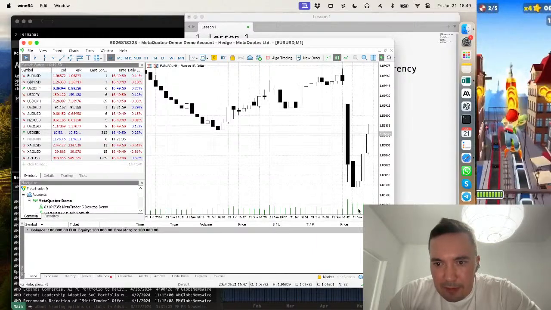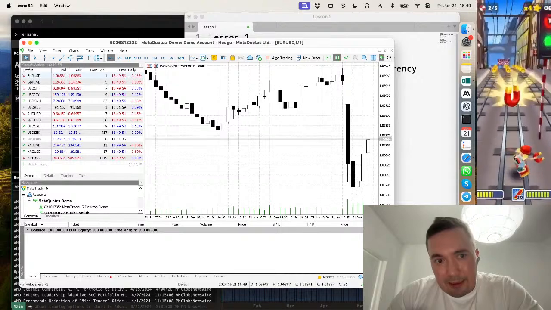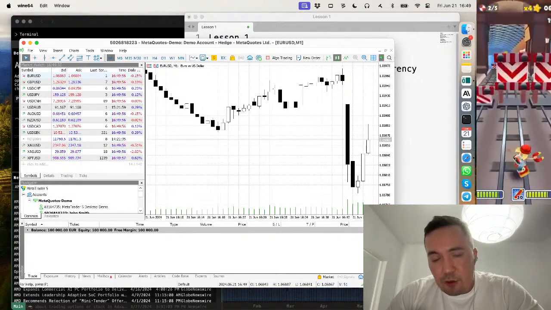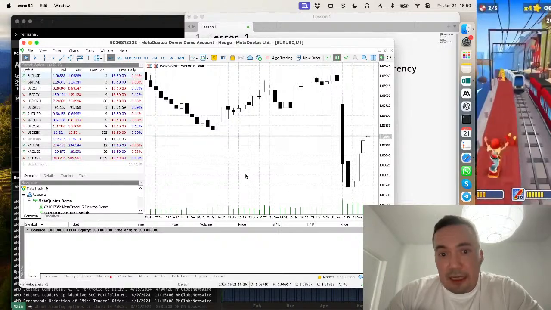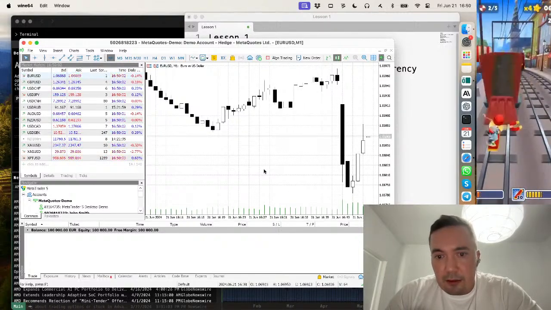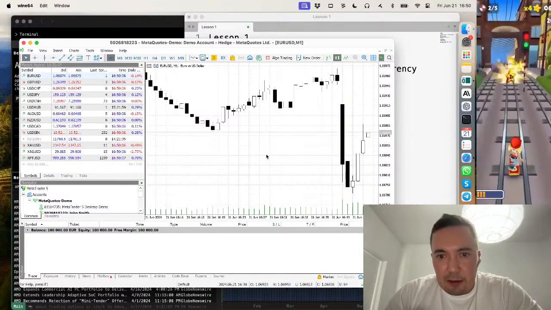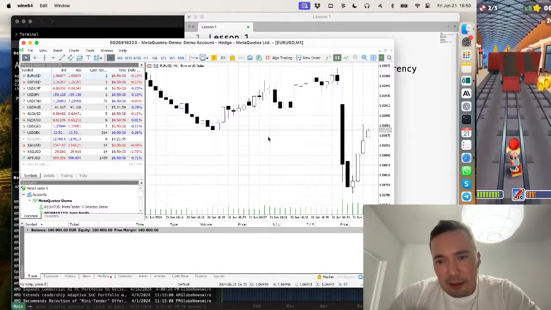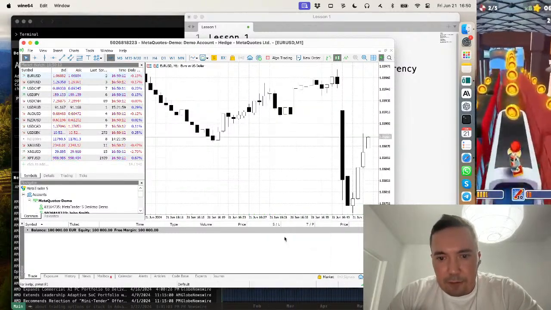Tick volume shows how many times a price has changed during this period. It does not mean anything, you can ignore it safely, and it's unlikely you would be using it for something. So you can just turn it off.